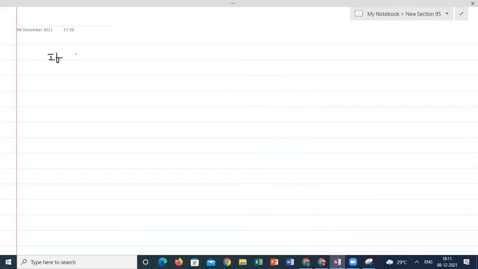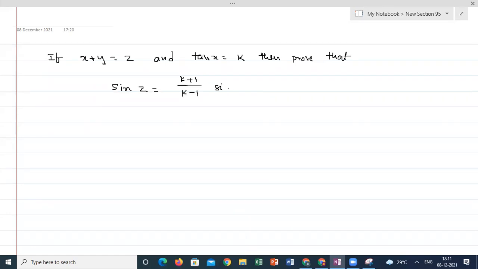If x plus y is equal to z and tan x is equal to k tan y, then prove that sin z is equal to k plus 1 by k minus 1 into sin of x minus y.